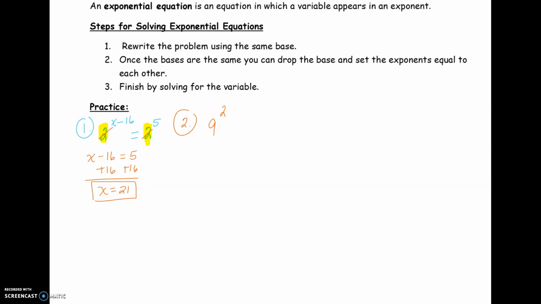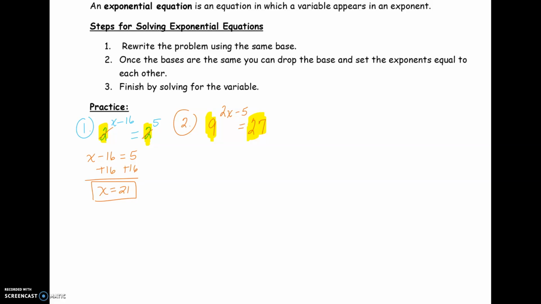9 to the 2x minus 5 power equals 27. Okay, so the first thing we have to look at, are our bases the same? No, absolutely not. One's a 9, the other one's a 27. So we have to think about exponents again and how we can write 9 differently.